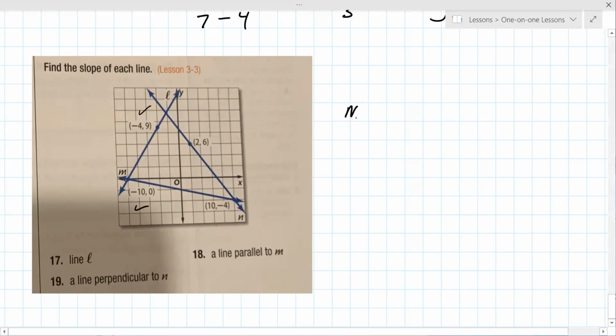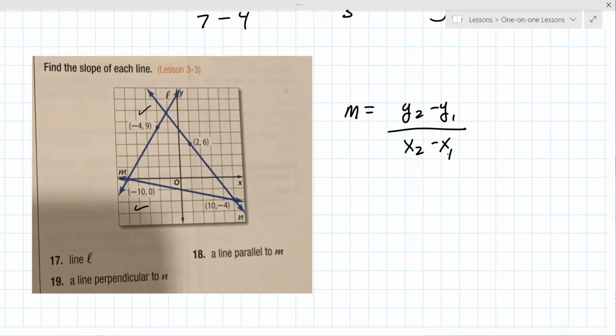So I want you to use the slope formula to find the slope of line L, please. Wait, line L is -4, 9, and then -10, 0. Yeah, those are the 2 points you're going to use to find the slope.